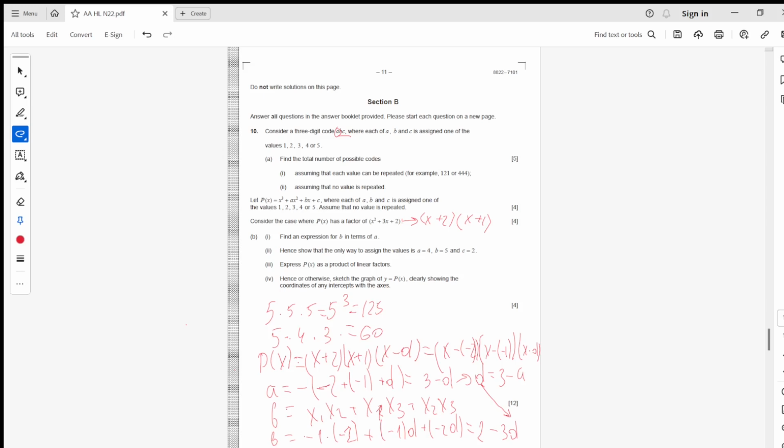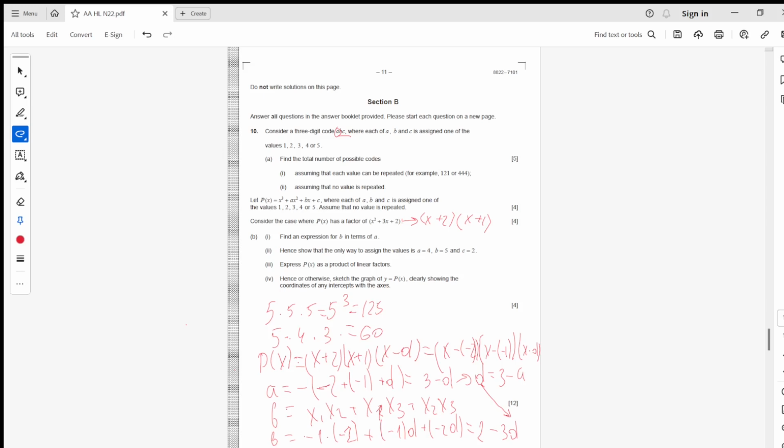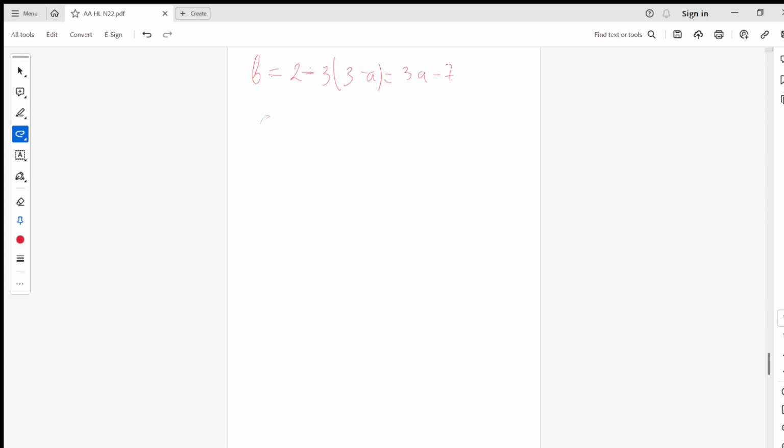Now we need to show that this is the only way to assign the values. Okay, we can also use the fact that the last number c is equal to the product of our roots. It's minus 2 times minus a times b, and it goes with minus.